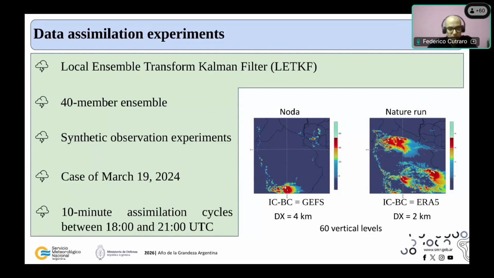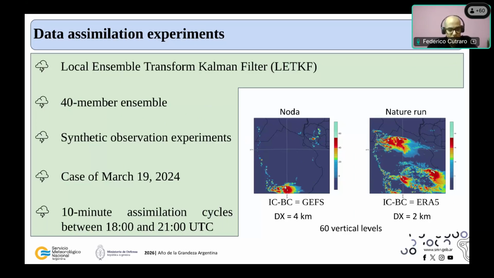As these are the first experiments, we didn't use real observations, so we ran a nature run forecast initialized with initial conditions and boundary conditions from ERA5 at 2 kilometer resolution, and with the observation operator previously shown, we generate the synthetic observations to assimilate in a no data assimilation forecast with initial conditions and boundary conditions from GEFS and a resolution of 4 kilometers.